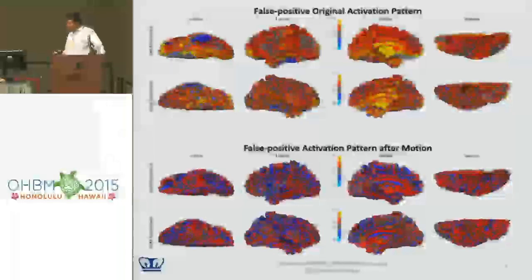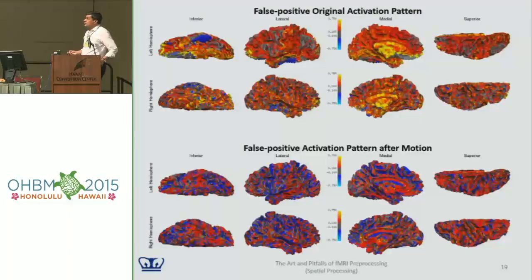Now, in the next slides, let's move the seed region to the right hemisphere, which is all noise, right? If you move the seed to the right hemisphere, you see a bunch of false positives. You add motion. This is what is called coloring. Somehow, and I don't understand why, it's been reported many times that motion adds coloring to your noise.